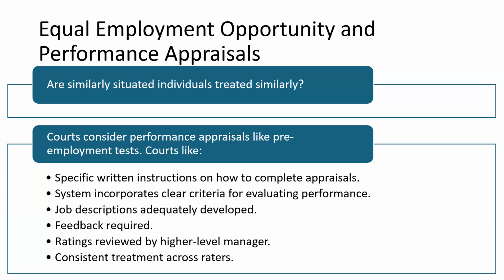These last two, that's where calibration sessions can be really helpful. You could also have 360-degree feedback to just get lots of different kinds of feedback from different people to meet these criteria. But if we think about all of these criteria and developing our system, it's much more likely they'll be fair and they'll be defensible in court should an employer ever have to go to court for a discrimination suit in terms of their performance appraisals.